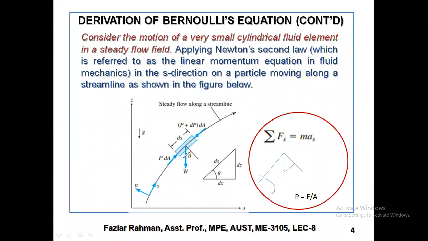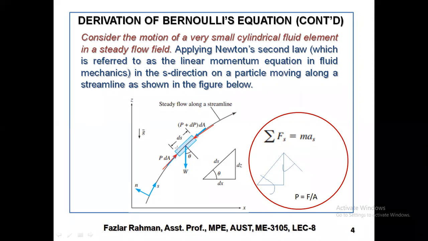Now, you see how much force is working on the left side? Pressure into area, that means P into dA. How much pressure is working along the opposite direction? P plus del P into dA, right? The length of this fluid element, we are thinking ds.